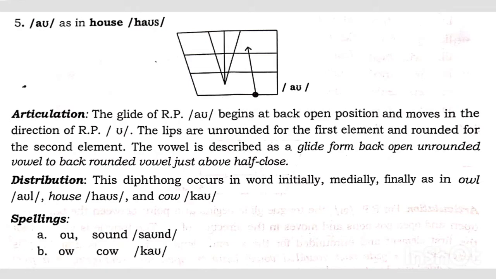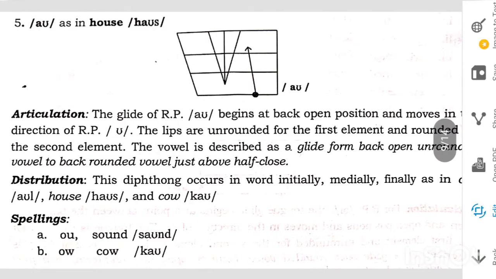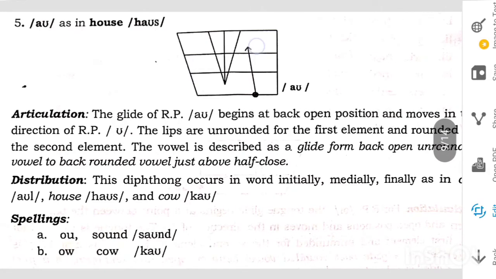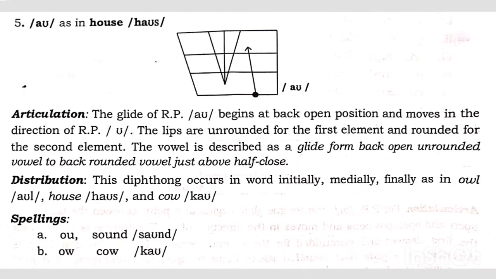Moving on to the articulation, the glide of RP ow begins at a back open position and moves in the direction of RP oo. We have already seen this position. The lips are unrounded for the first element and rounded for the second element.